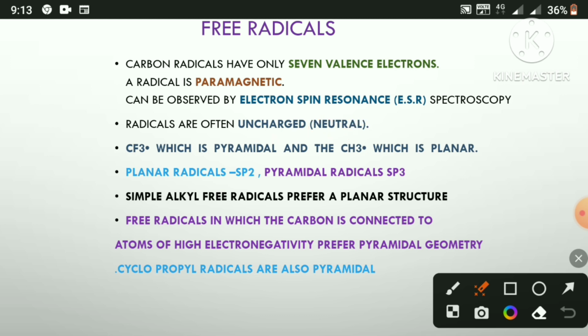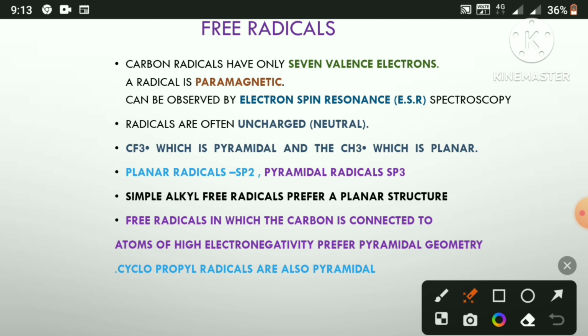But some radical ions are charged. That may be a radical cation. The radical cation has positive charge, and the radical anion has negative charge. The trifluoromethyl radical is pyramidal in shape, but the methyl radical is planar in geometry.